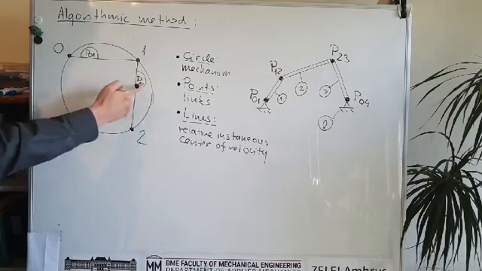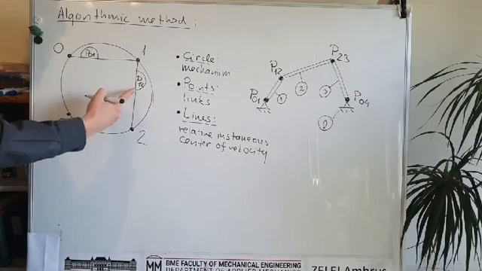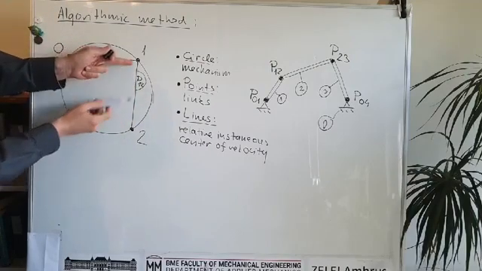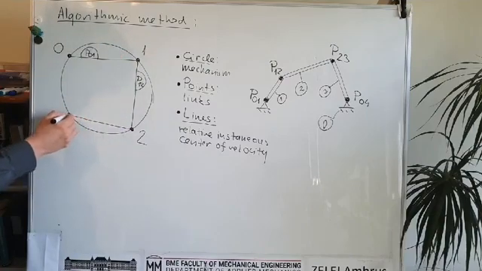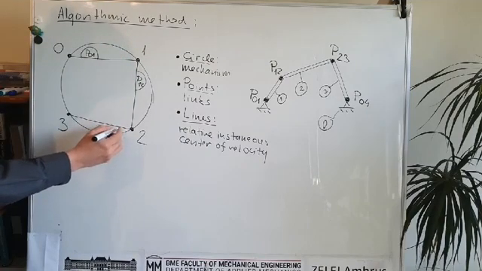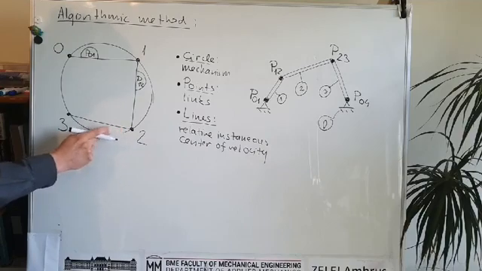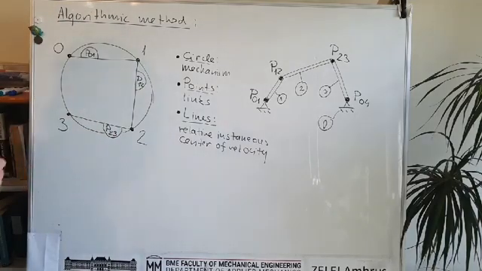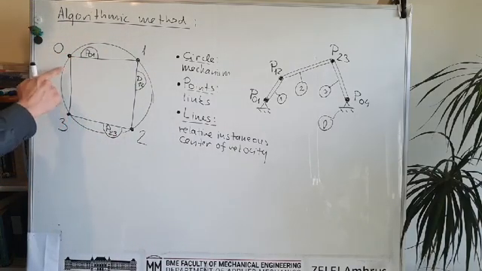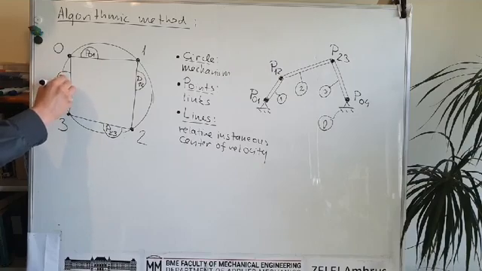Okay, so P12 is here. Actually, this notation is not necessary here because it's connecting 1 and 2, so therefore it's trivial that this is P12. But for the first time we can show it. So this line is P23, and finally we have P04 here.